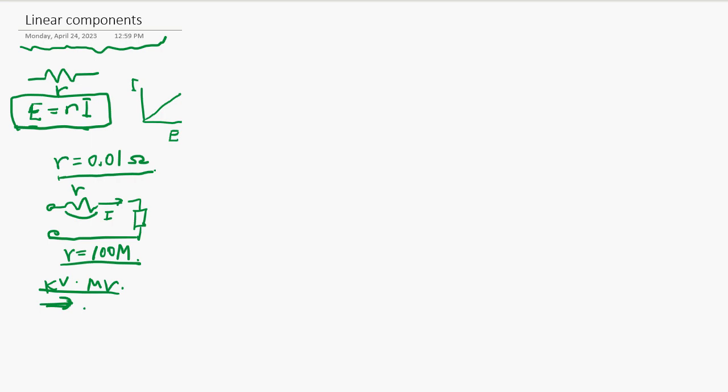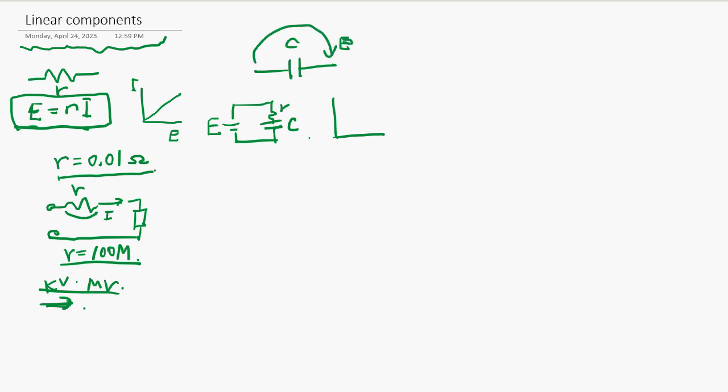How about another component? Capacitor. When you apply DC voltage, what happens to the capacitor? So this is a DC voltage, a small resistor here, and the capacitor here. Then the voltage across the capacitor is going to be like that, right?